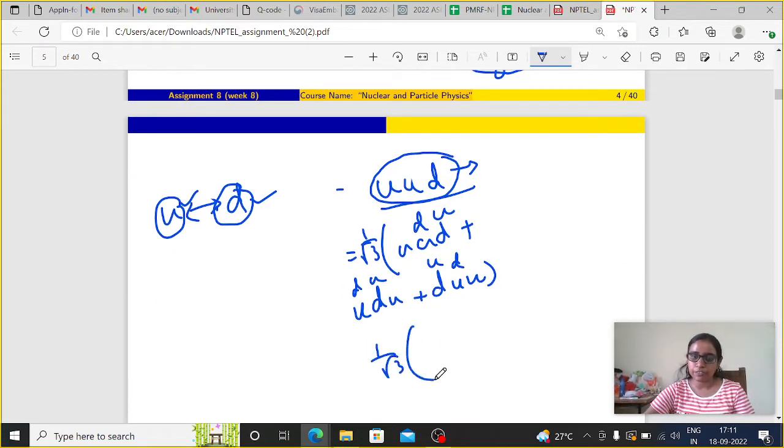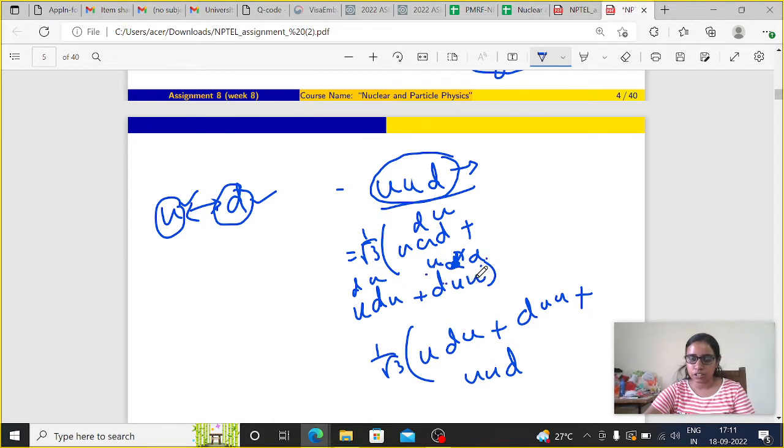The final configuration after replacing these things: UDU plus DUU plus, okay, no, it will be like this, UDU, UUD. Here I am changing this with this one, not this one. So this one and this one, I am changing this pair.